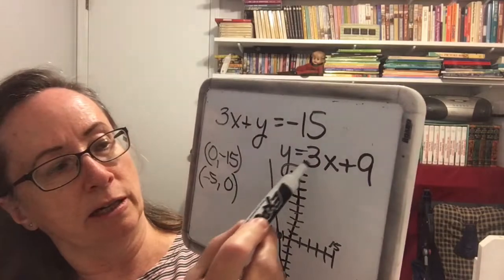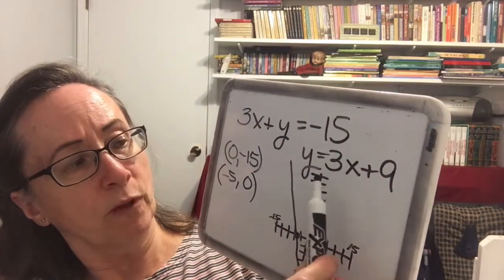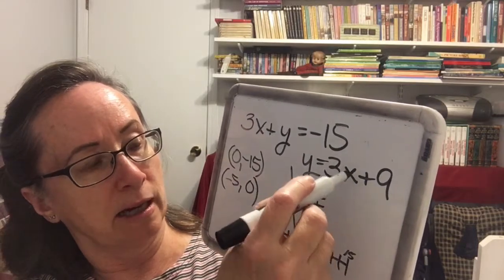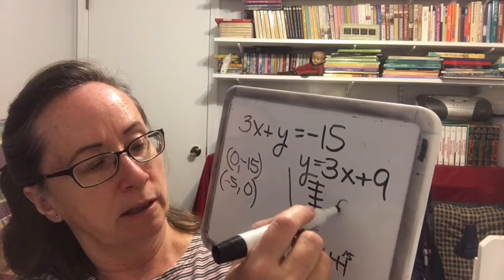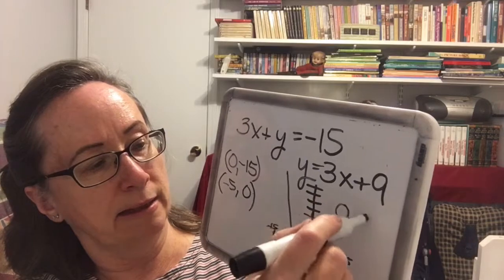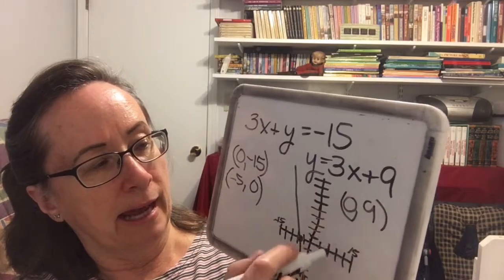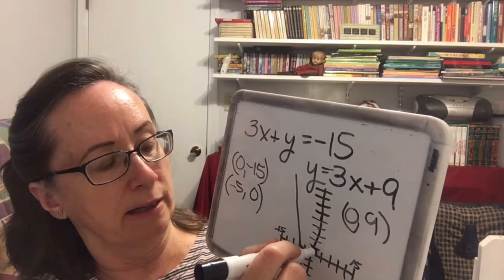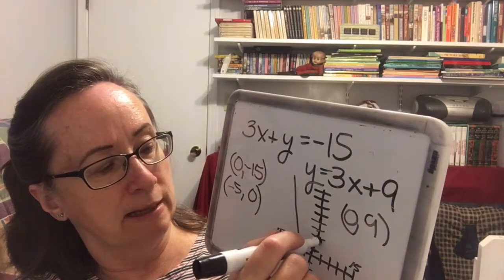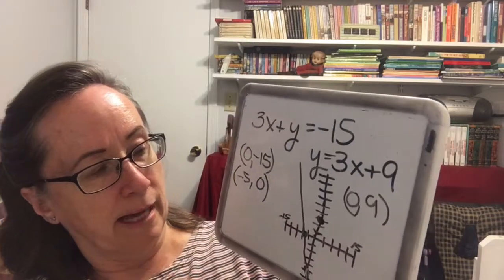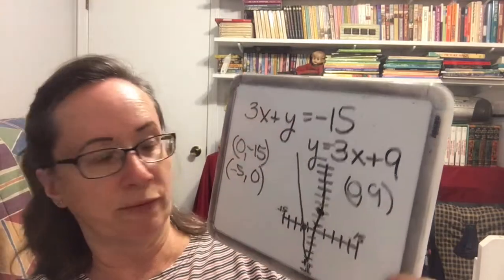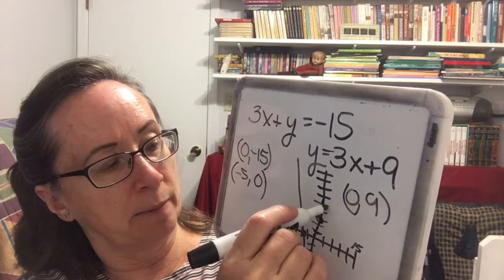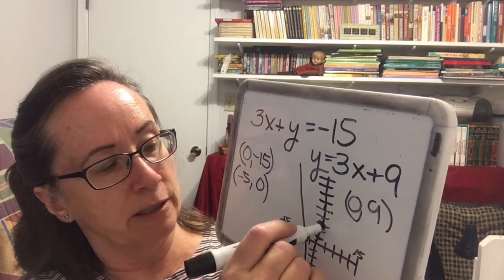Okay, and then we're going to graph this one, which is going to, if I let x be 0, then y is 9. And so it's a slope of 3, y-intercept of 9, 3, 6, 9, okay, and then it's got a slope of 3. So that's going to be up 3 over 1, up 3 over 1, and that's kind of hard to do.